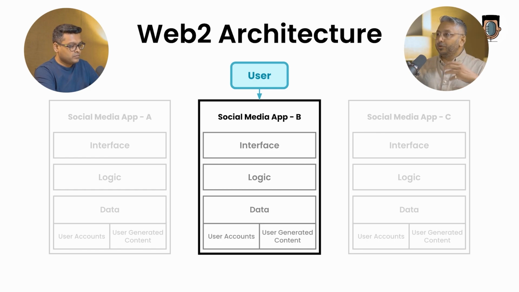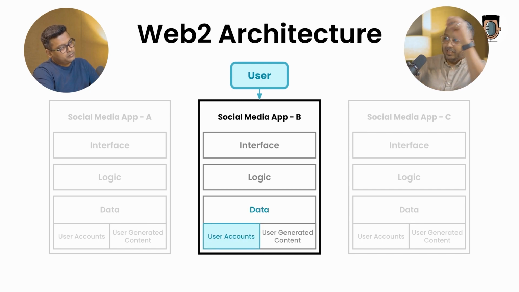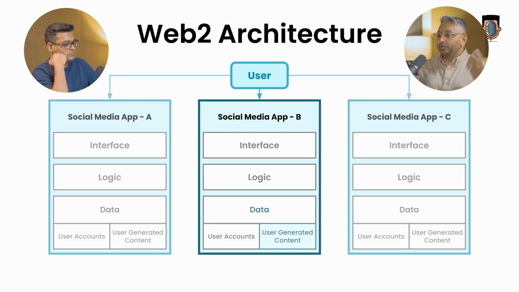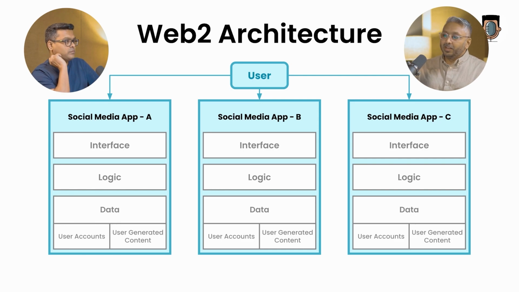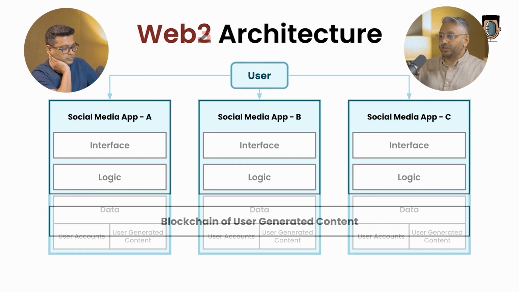I have to sign up for the account all over again, validate my identity, sign up using another email address or the same email address being verified again, and then start posting all the content all over again. You can imagine the complexity as you increase the number of applications.